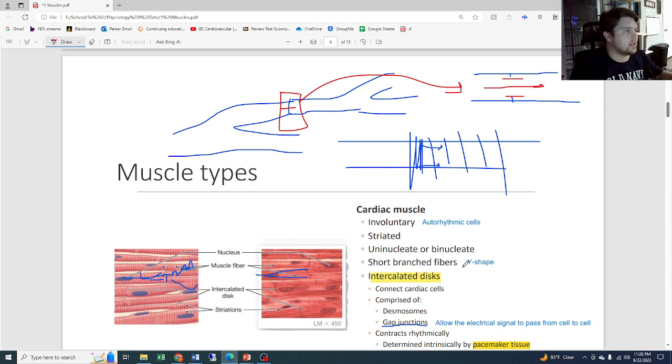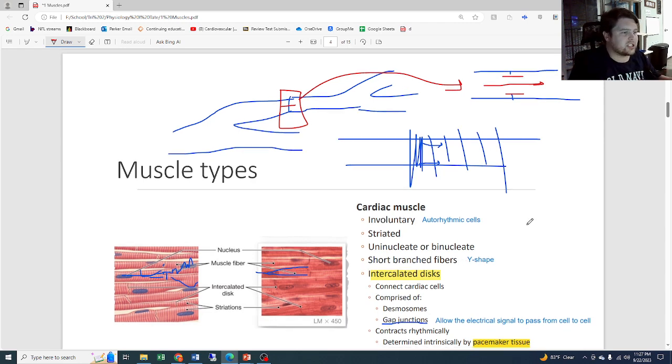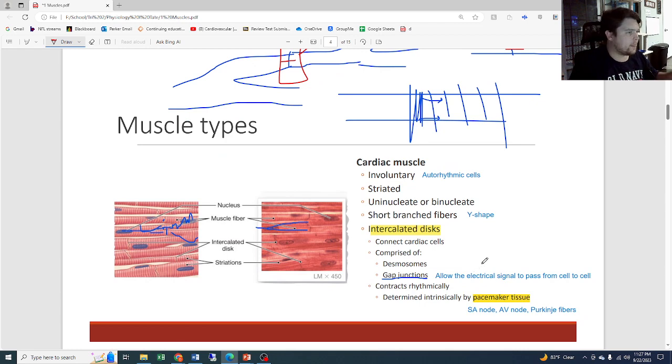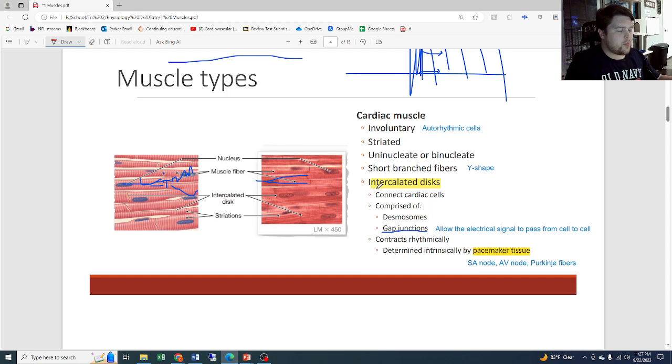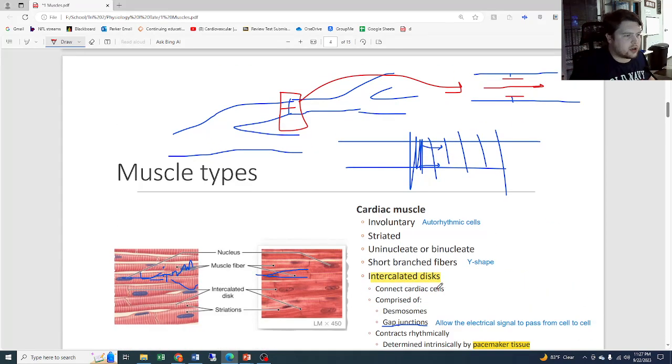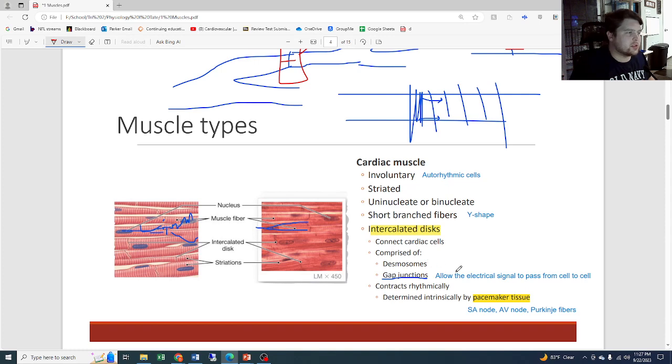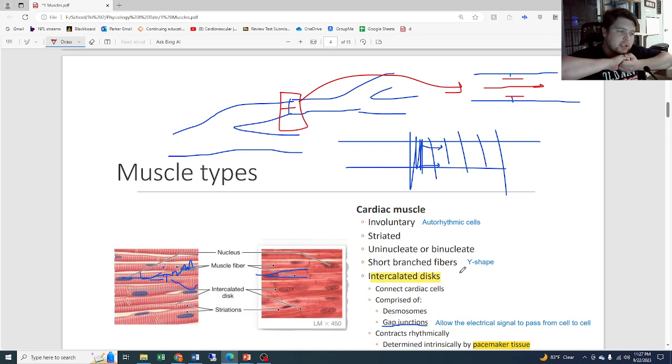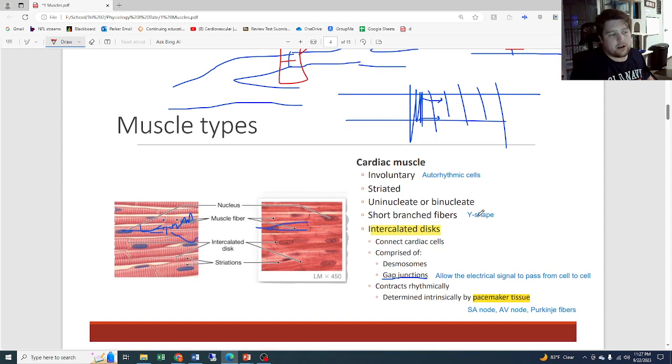Desmosomes are proteins used to connect and hold the different muscle cells together. So just to clarify, intercalated discs are where they meet and connect cardiac cells. You have desmosomes, which are the proteins that link and hold everything together, and then the gap junctions, which allow the signal to pass through to allow for proper contraction and passing that signal through the different muscle cells.